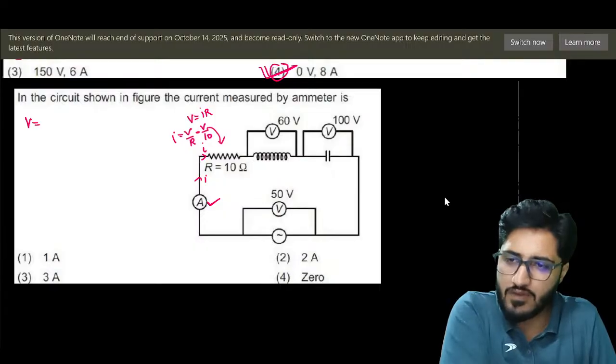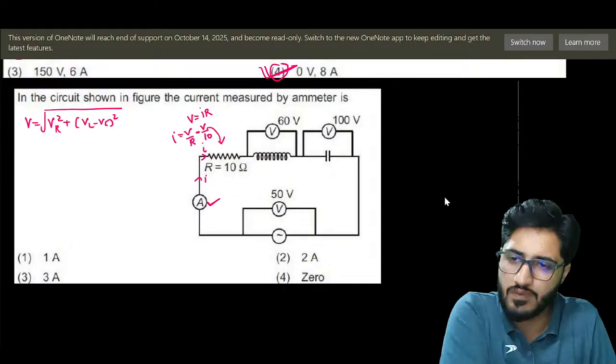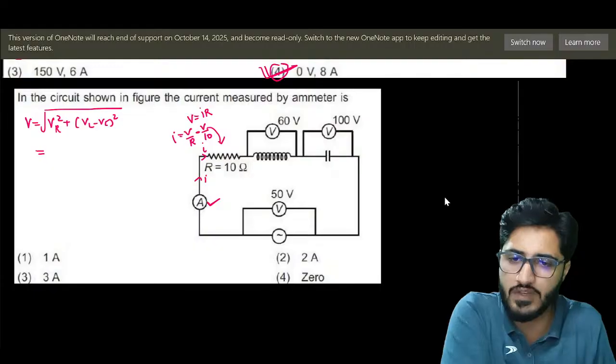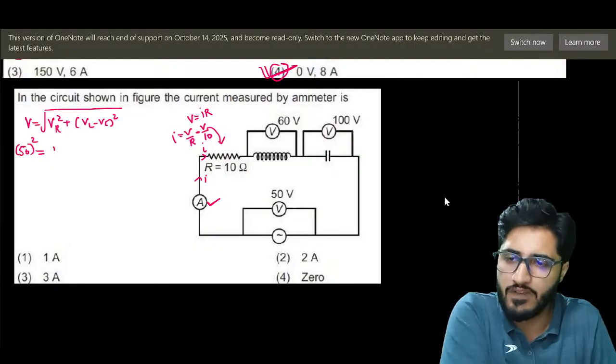So what is V now? Sir, I guess V equals to the square root of VR square plus VL minus VC whole square. What is VR square? It is V. What is V? V is 50. It is 50 square, VR square plus VL is 60, it is 60 minus 100 or 100 minus 60, no issue.